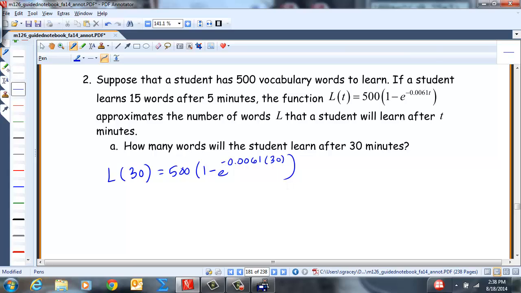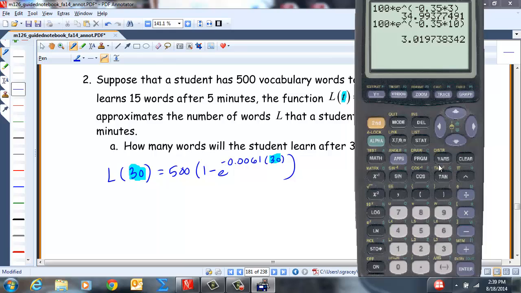So wherever I saw a t, I plugged in 30. So we'll get 500 times quantity 1 minus e raised to the... Okay, so what did I plug in?